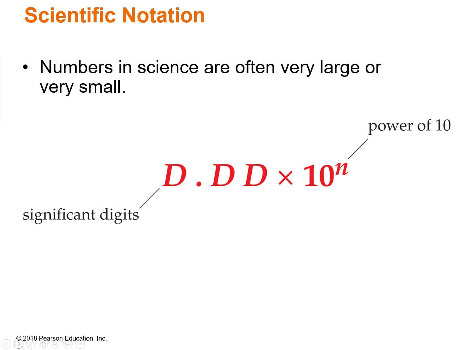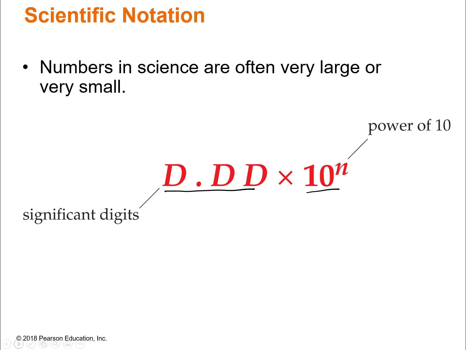In science, you often have very, very big numbers and very, very small numbers. And nobody has time to be writing out 20 zeros. Instead of doing that, we use scientific notation. You represent your significant digits, and you use a power of 10 to show how many zeros and where.